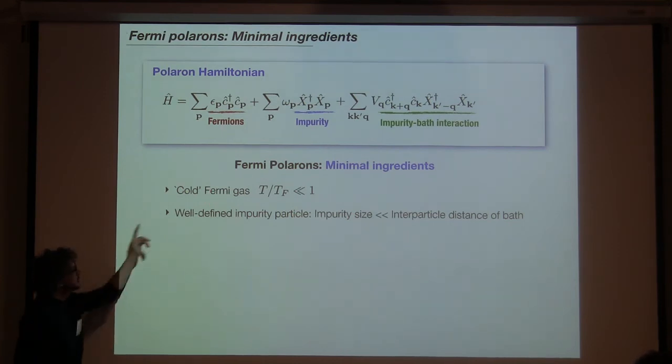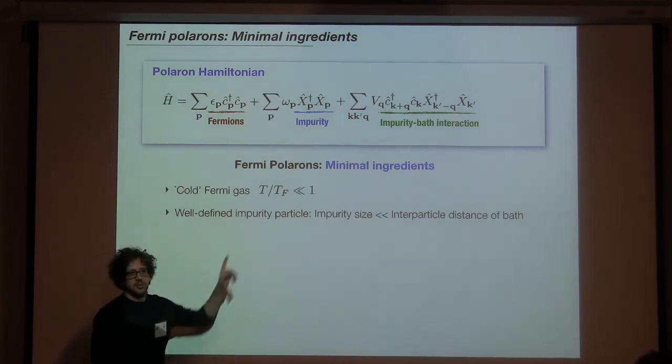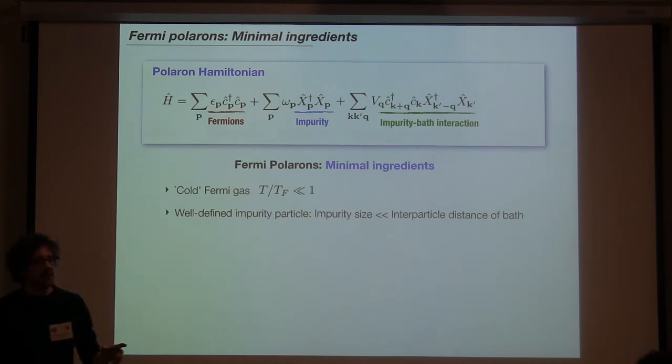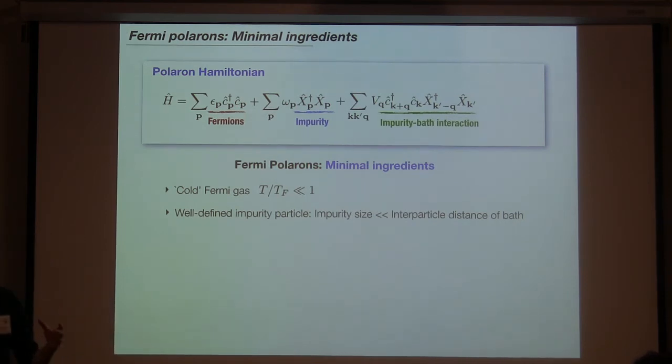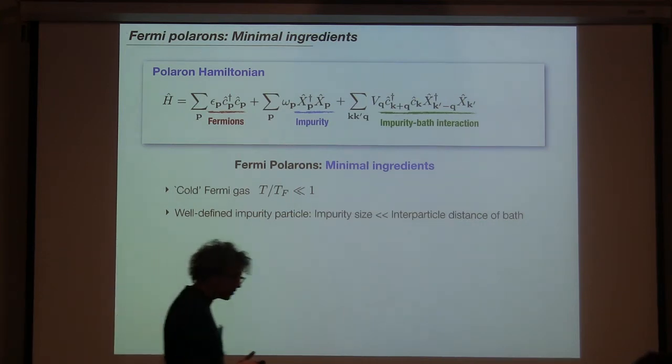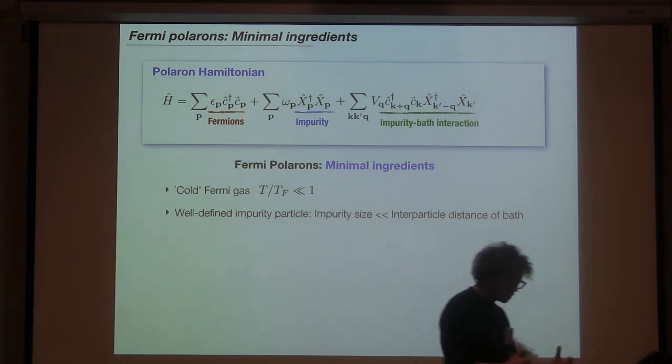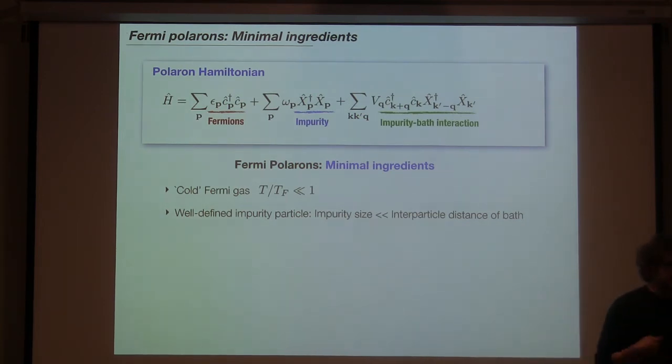But more importantly, we need a well-defined impurity particle. Well-defined means we are not allowed to resolve its internal structure. So it should be a nice particle. And one way to resolve the internal structure of a particle is by pushing on it with different particles and looking inside.